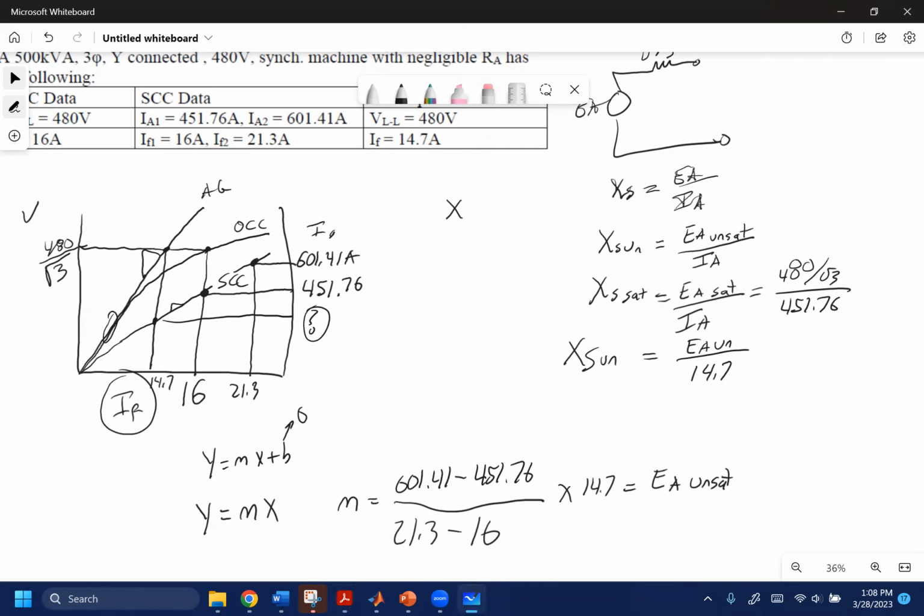The air gap has a constant slope, so even though it looks like this point is over here, this is still the unsaturated characteristic because the slope of the line is constant. Remember, the slope of this line is essentially X, and it's constant that whole way. So the assumption should be that the air gap values would be somewhere on this constant part. Exactly. Yep.